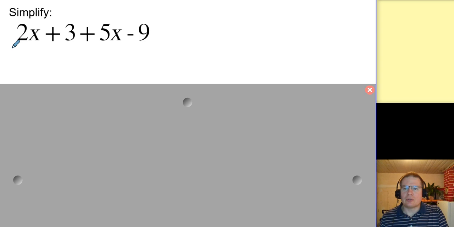Okay, this is a like terms situation here. Simplify means, right, perform all possible operations. 2 times x, I can't perform that operation unless someone tells me the value of x. 2x plus 3, I can't add 3 to a number if I don't know the quantity of that number.